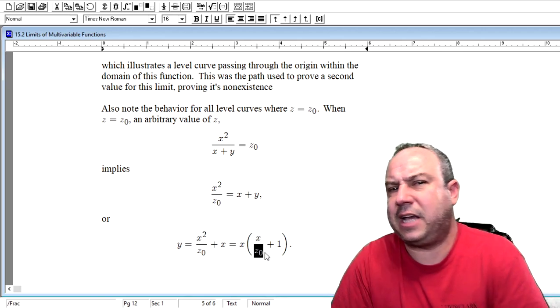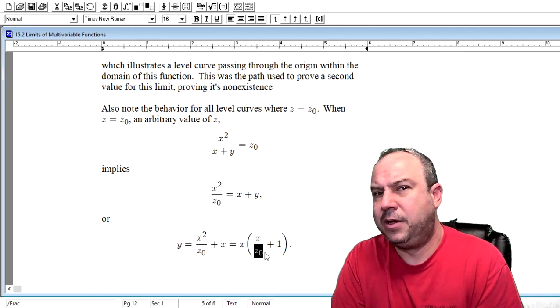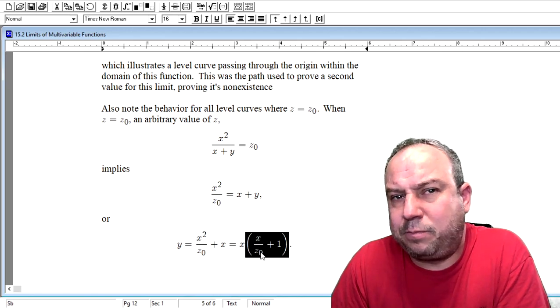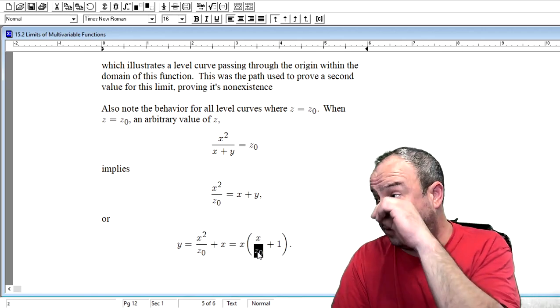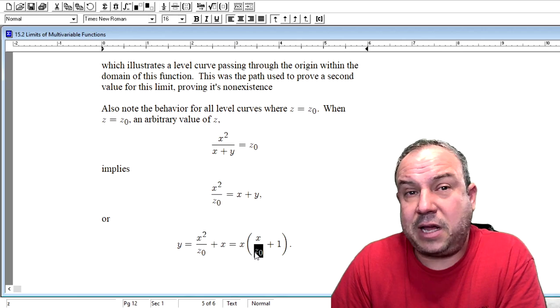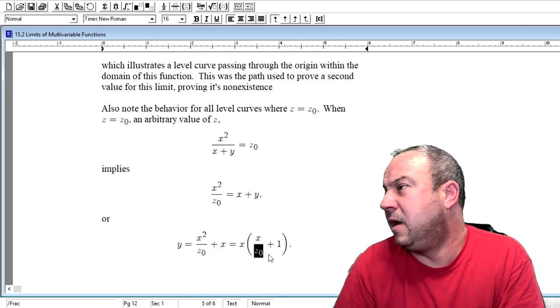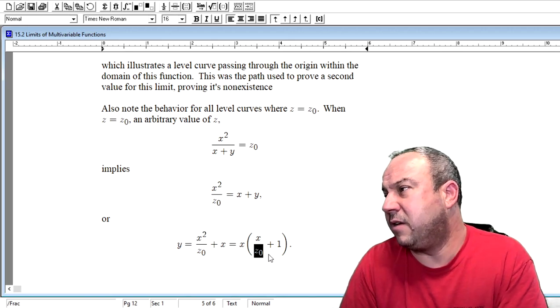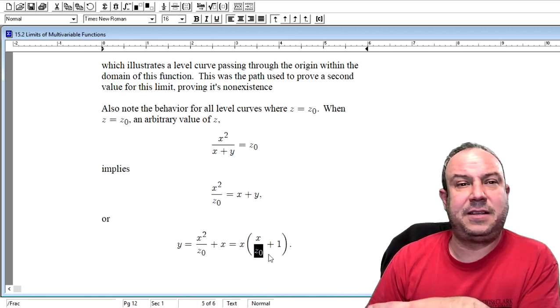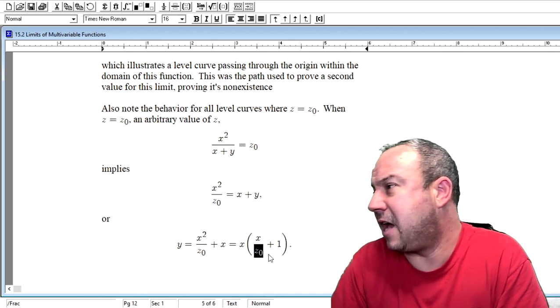We were just looking at the case where z null was equal to 1. At z null equal to 2, I could plug in 2 there and find a different approach. For a z null of 3, I could plug in a 3 here and find a different approach. Or negative 1, I could plug in negative 1 here and get a different approach that's going to give me a different value for the output of that limit, right? Or for the output of that function.